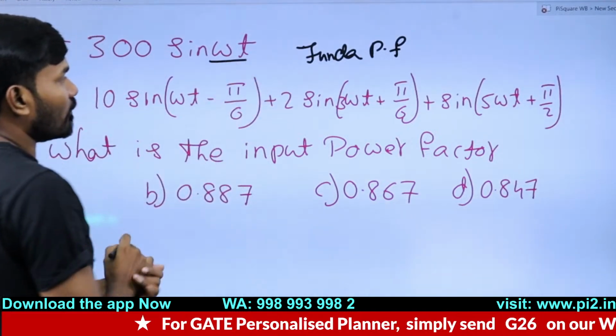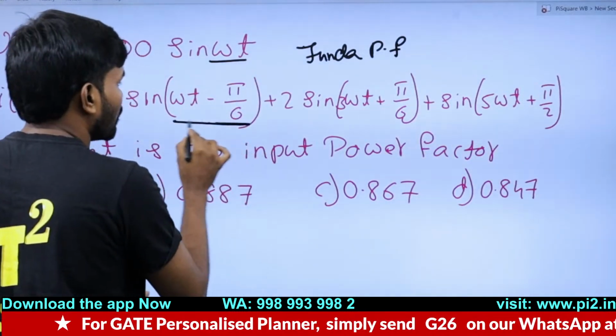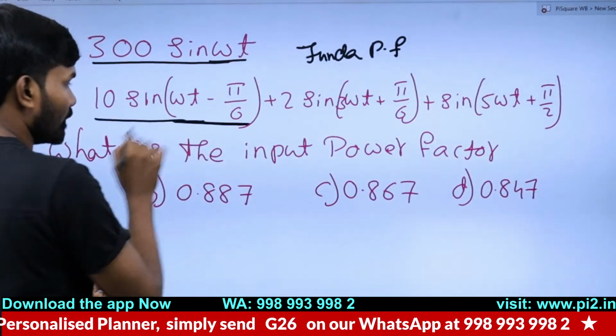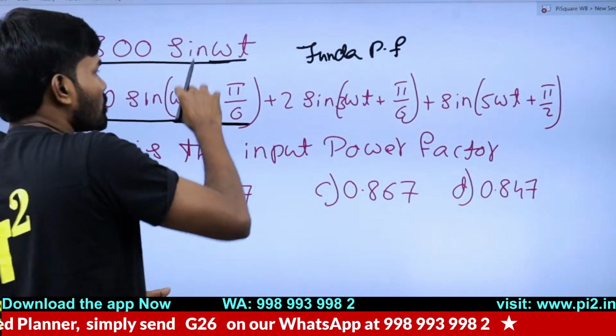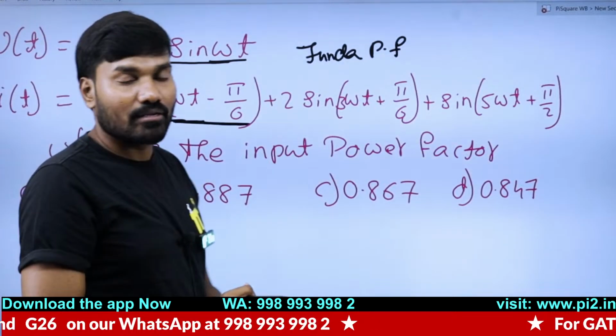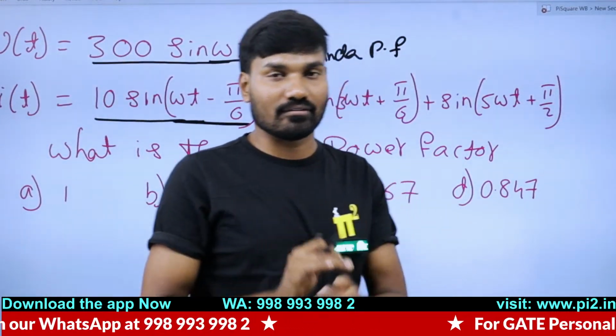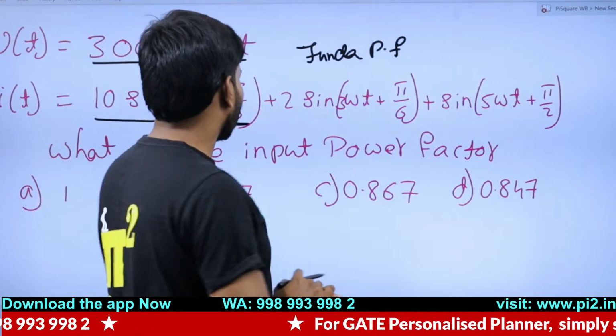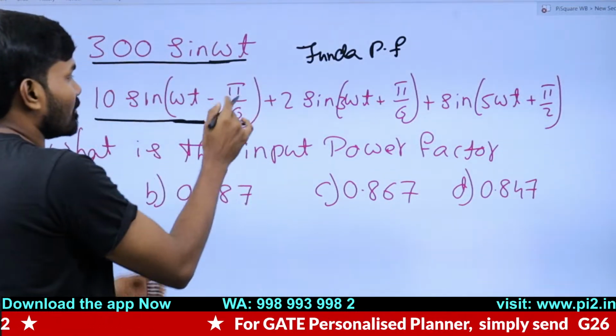This is the fundamental component of the voltage and this is the fundamental component of the current. What is the phase angle difference? Pi by 6, 180 by 6, which is 30 degrees. That is the phase shift.